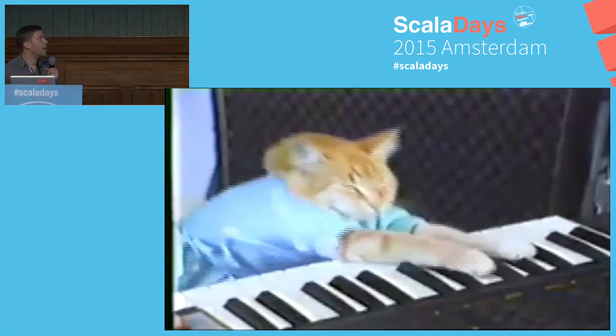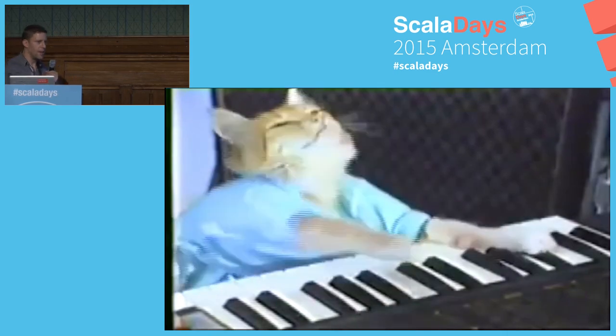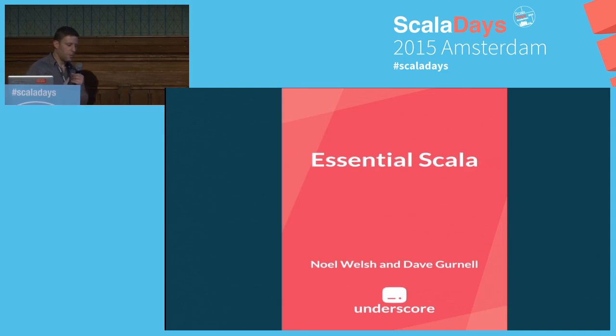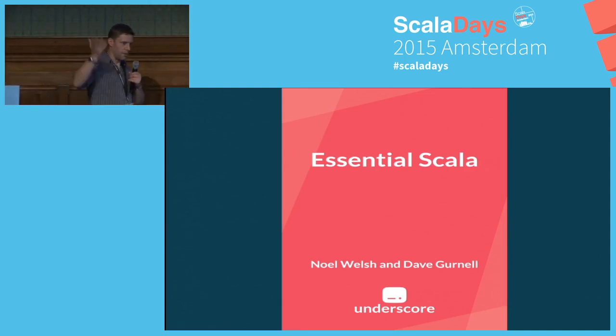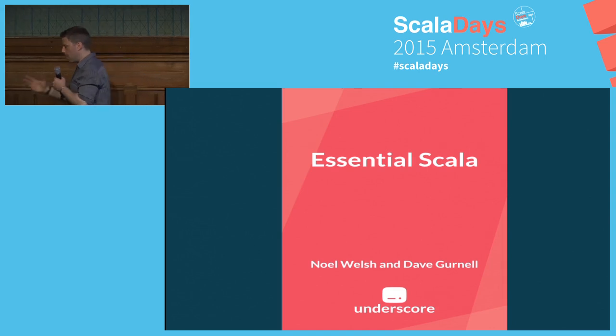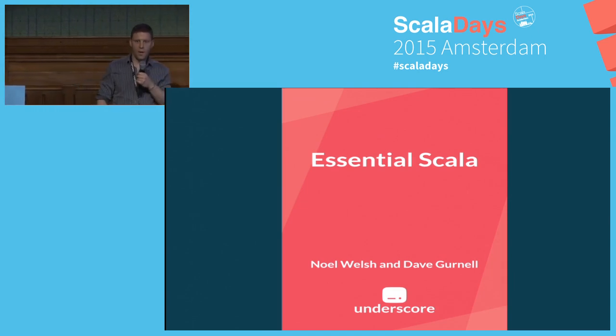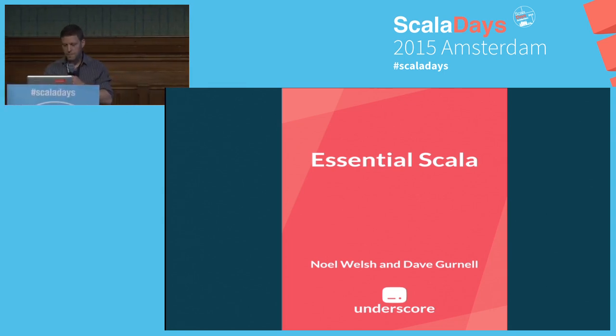Okay. So how can we achieve this Zen-like state that Keyboard Cat so easily reaches? And this was the problem we had when we were writing our training material. So we have this book, Essential Scala. How can we strip down Scala to just the things you need to get people really productive really quickly and having a good time, not being overwhelmed with complexity, wondering what they're doing, banging their head against the type system and so on.